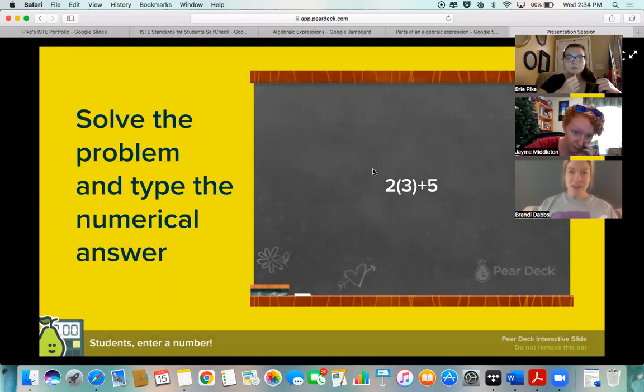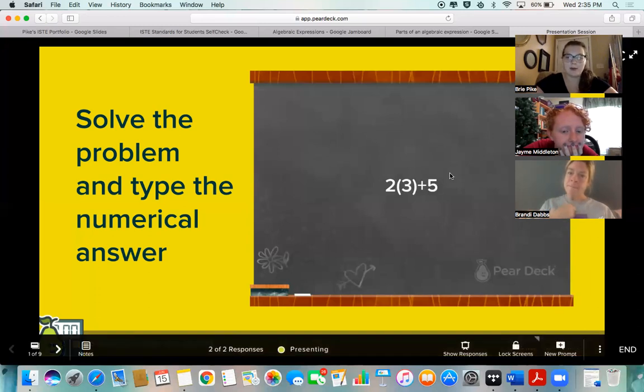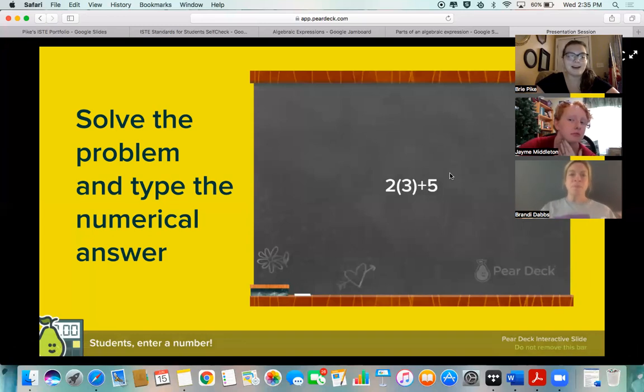Order of operations. Yes, we have to do order of operations, which also reminds us that we have to use what? That starts with a P to solve our problems? PEMDAS, right.